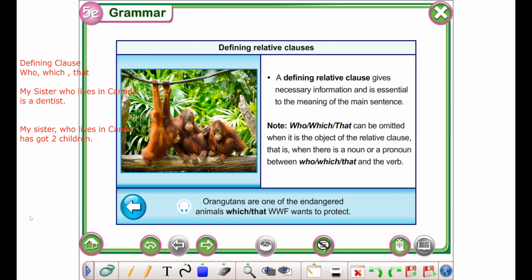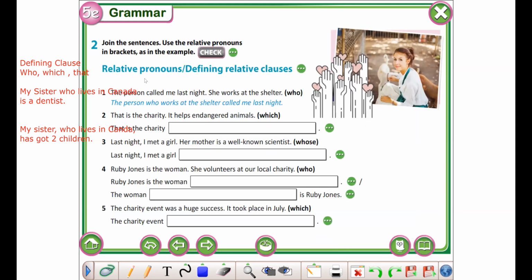If you're not describing an object, then you cannot miss the pronoun. We'll just do some examples with this one, just to see what is given here. Yes, they are the relative pronouns we are going to use in exercise 2.